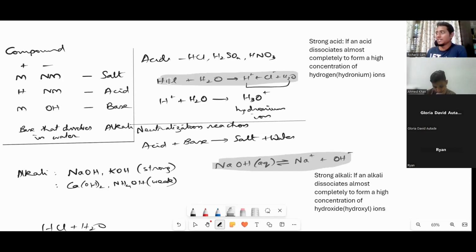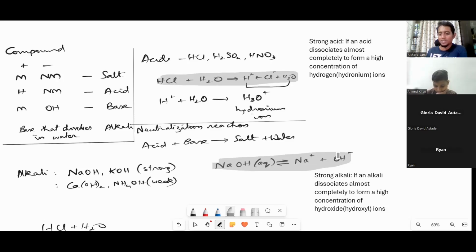The HCl is getting dissociated into hydrogen ions and chloride ions. In the next step, the hydrogen ion is joining with the water to form hydronium ions. Anyway, the main thing happening here is the dissociation of HCl.